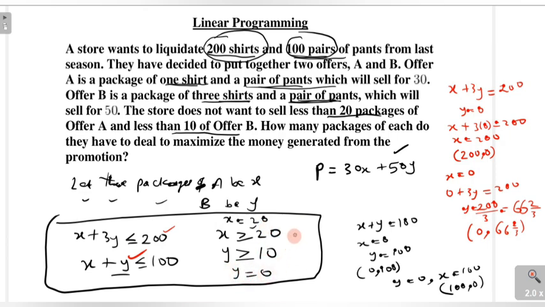So the inequality equations that we need are these. We're going to need the equation of this line, then we're going to need these points to plot the graph of this. So this point and this point.